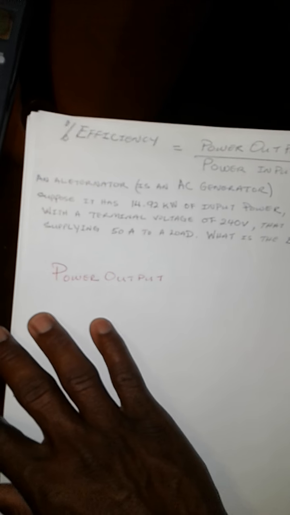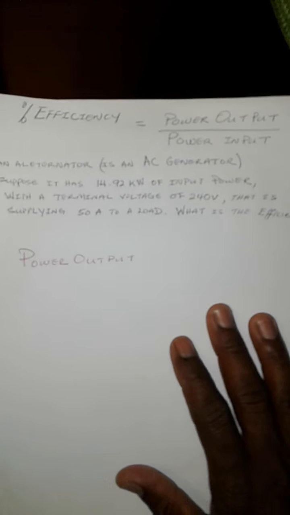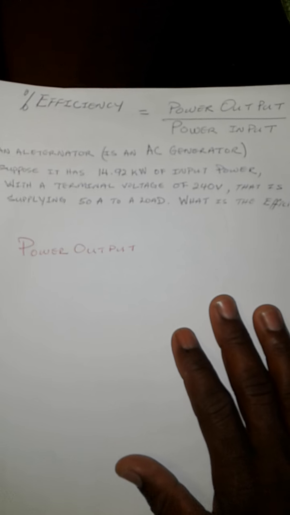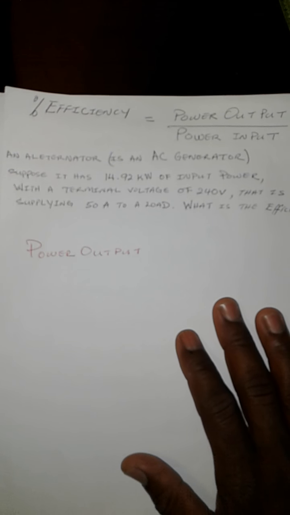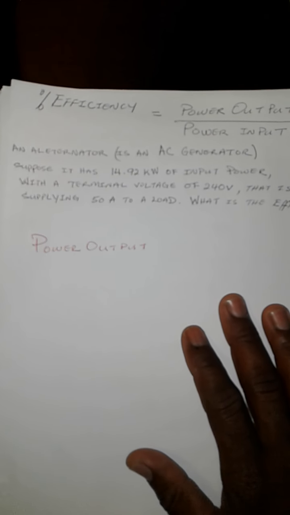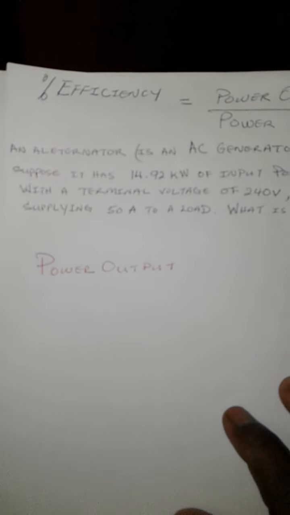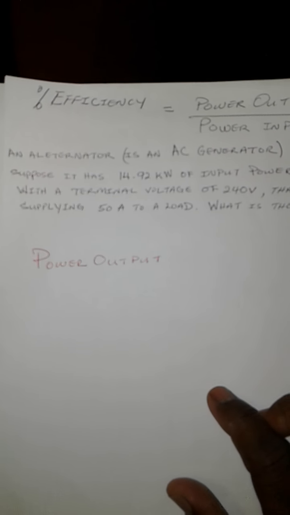If asked to calculate the efficiency of an alternator or a generator, or even of a transformer, efficiency is equal to the ratio of power output divided by power input. An alternator is an AC generator, right?